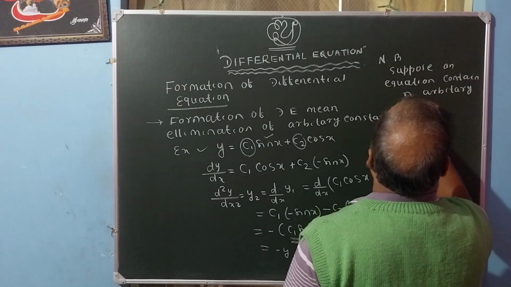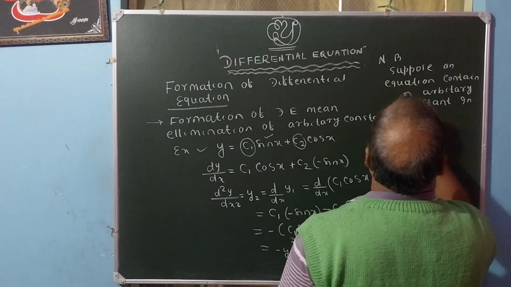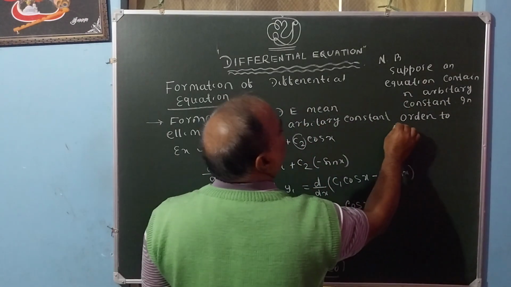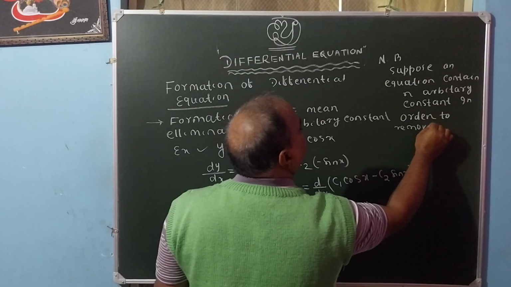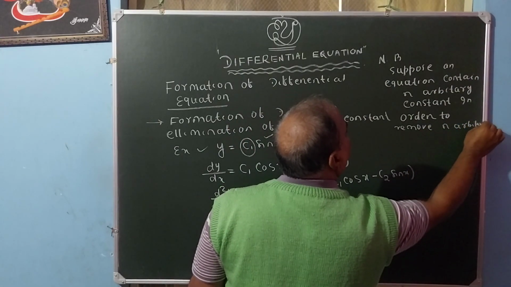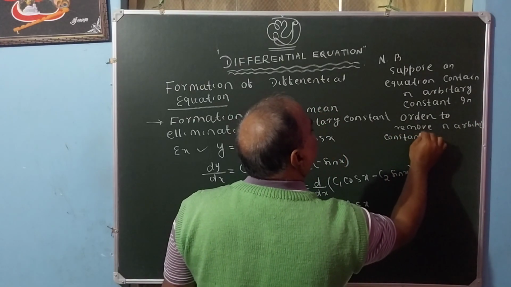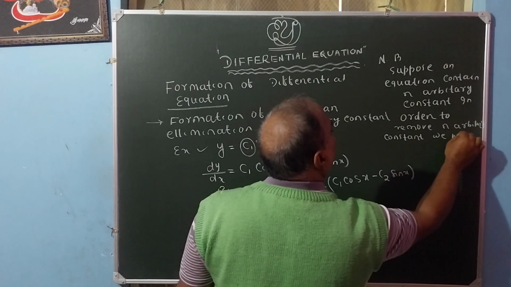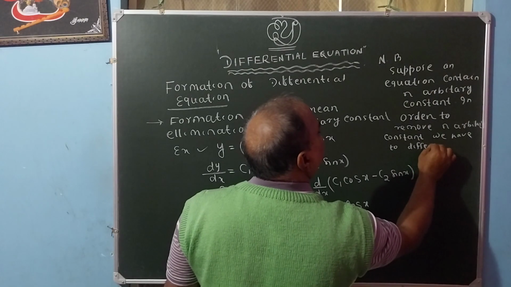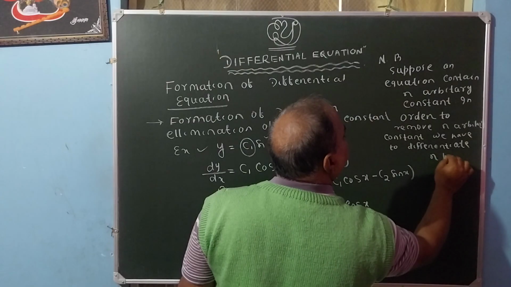In order to remove n arbitrary constants, we have to differentiate n times.